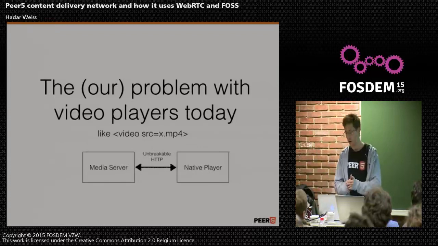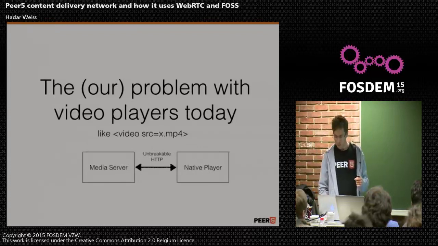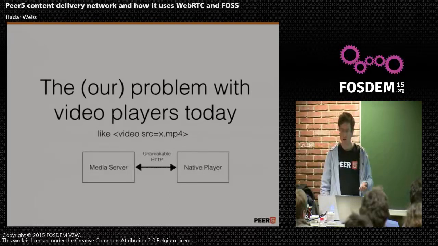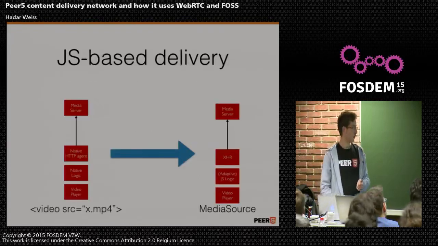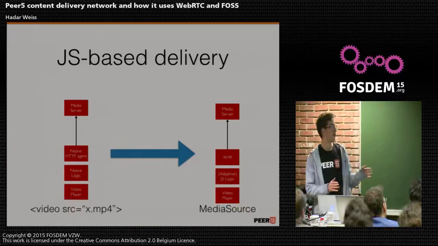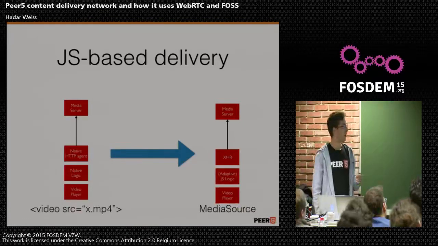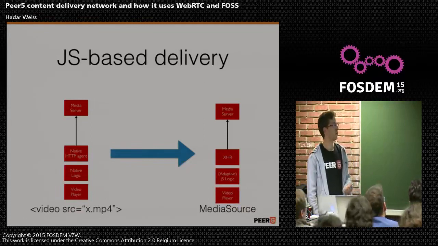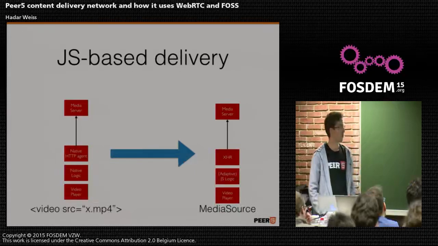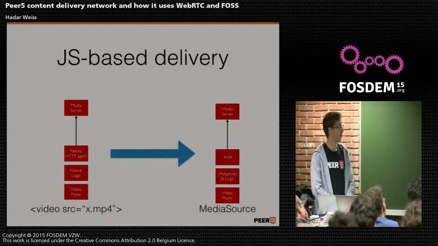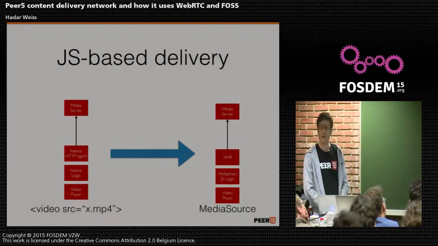We want multiple sources. We want to have prioritization and other features that will make the delivery more efficient. So we believe that the world needs to shift from native playback, native delivery, to something that is more JavaScript-based, application-based delivery, where we have more control as developers. Luckily, it's already happening with Media Source API and DASH.